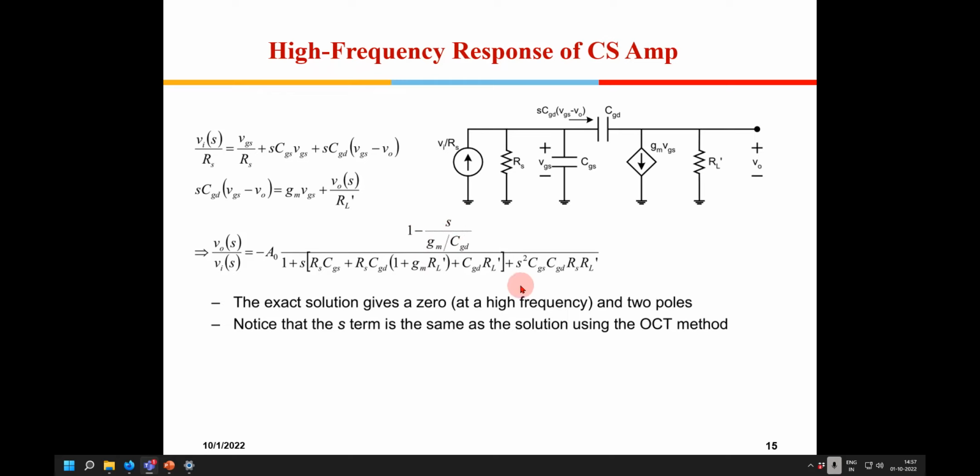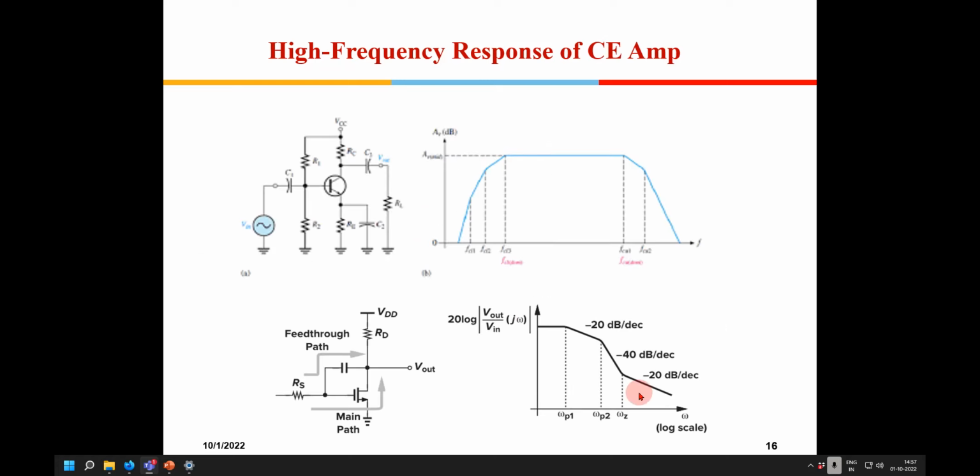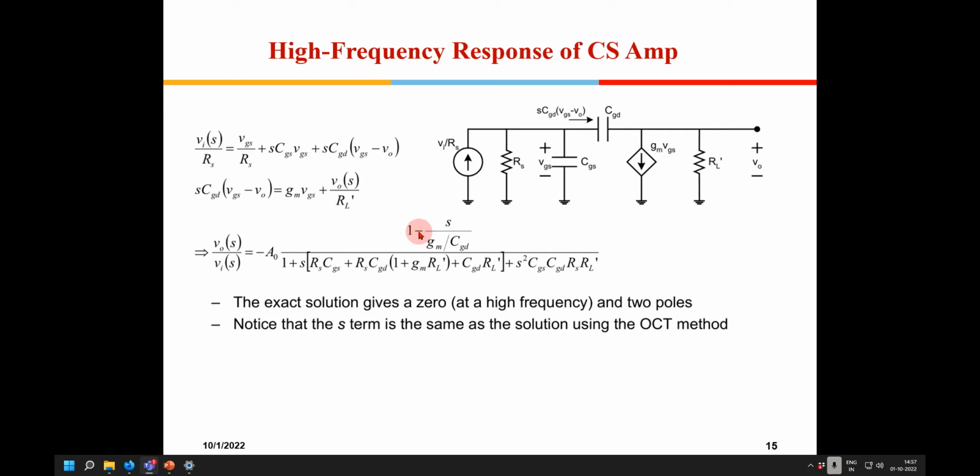So if you consider this particular expression, those zeros can push this again upward. So do we have to consider CGS or CGD, sir? No, once you write this particular equation, you will find it is CGD along with gm.